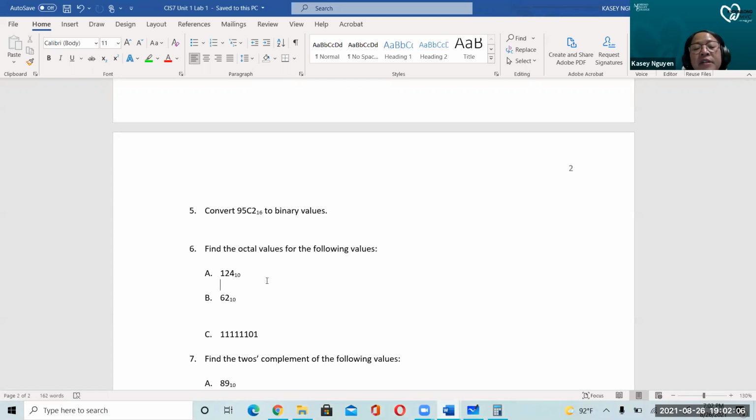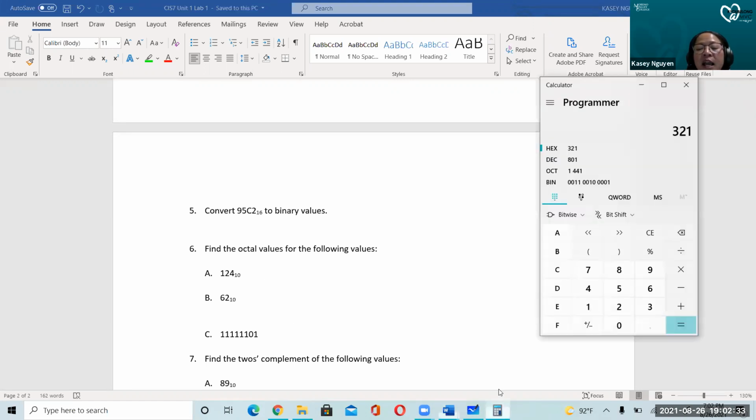You can definitely do the division method, going from decimal into octal, just dividing by 8 and then noting the remainder. So you can do it that way, or you can convert 124 into binary and then from binary into the octal.